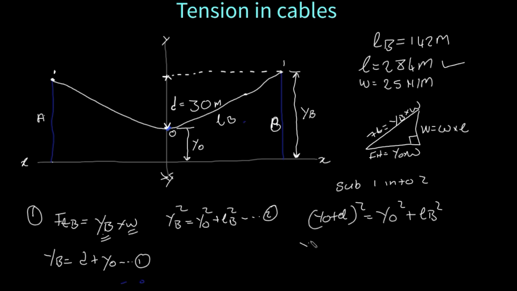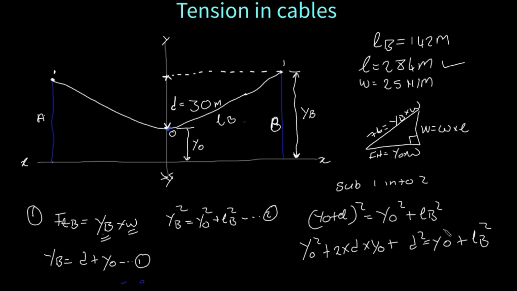It's going to be YO squared plus 2 times d times YO plus d squared, and then on the other side, YO squared plus LB squared.